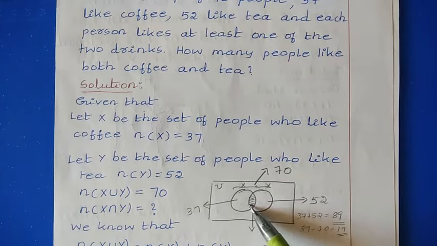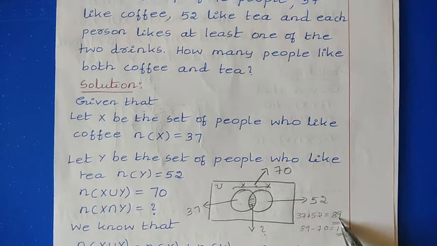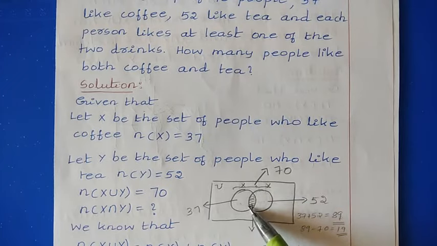If you refer to the diagram, to find this area, you can first add this value as well as this value, the total number of elements in the X set and Y set. If I add these two values, I get the answer as 89. But here we need only this area.